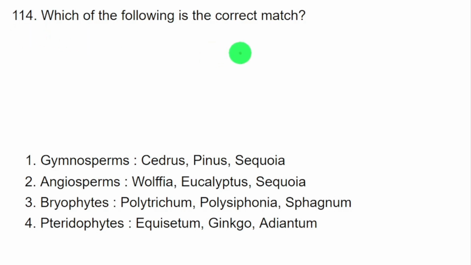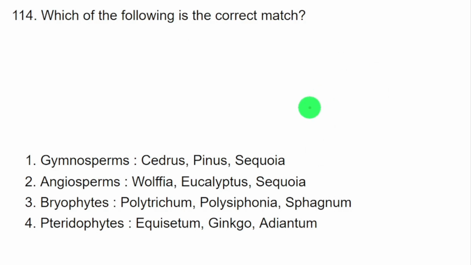Which of the following is the correct match? So they have given the categories gymnosperms, angiosperms, bryophytes and pteridophytes and the examples. So this is really a tough question. Considering the exam hall, when you're sitting in the exam hall and such a question comes, this is going to blow your mind because you will have to recollect all the names.